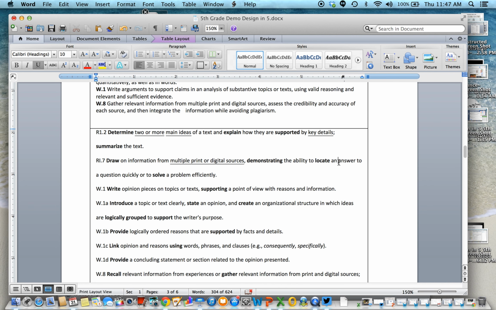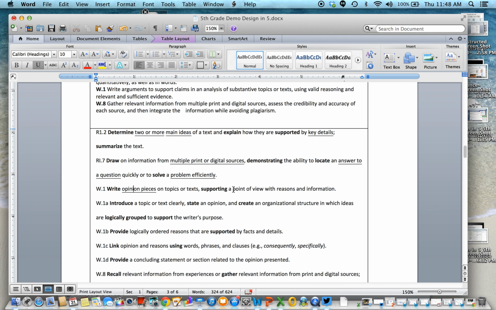So they're going to either answer a question or solve a problem. Now we have targeted this idea of opinion pieces. So we're pairing these standards together, and some of the assessment and the instruction will certainly involve opinion pieces on topics or texts.